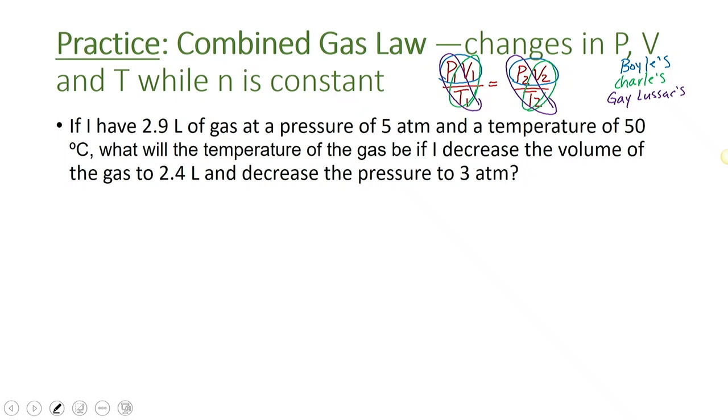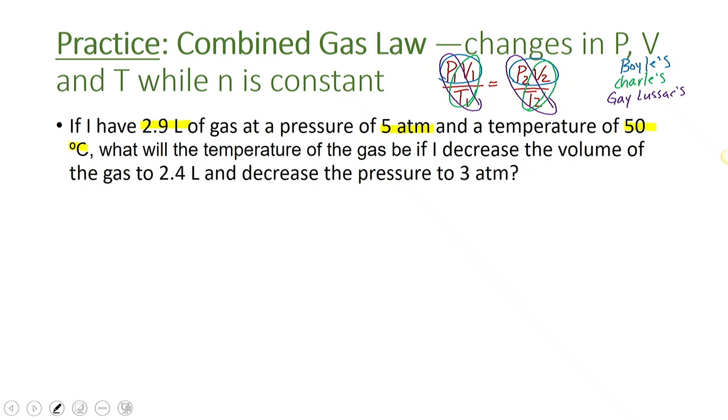If I have 2.9 liters of a gas at a pressure of 5 atmospheres and a temperature of 50 degrees Celsius, what will be the temperature of the gas if I decrease the volume to 2.4 liters and decrease the pressure to 3 atmospheres? So what do we have? We start with 2.9 liters, which is a volume, at a pressure of 5 atmospheres with a temperature of 50 degrees Celsius.